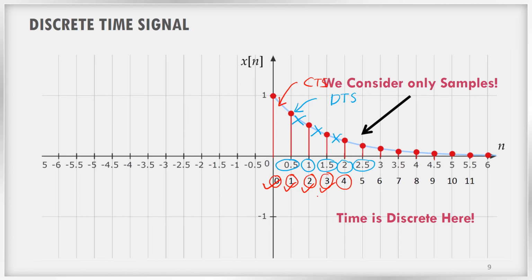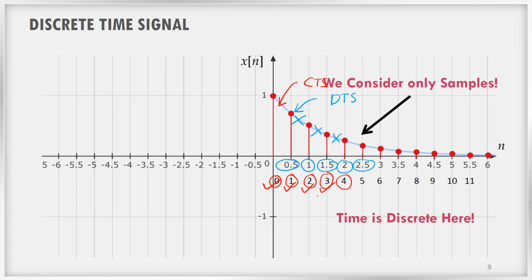So what is an example of a discrete time signal? For example, you have a generous father and he is putting some pocket money every day into your bank account, and at the end of the first month you take the bank statement. If you look at the bank statement, you can see that the signal is a discrete time signal, because the bank will not record the money put into the account on a per second or per minute basis.